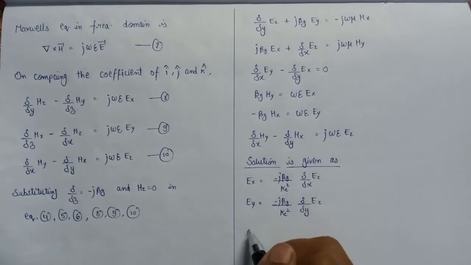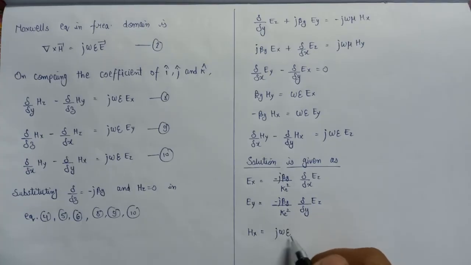For the value of Hx, it will be equals to j omega epsilon over kc square, del over del y of Ez.